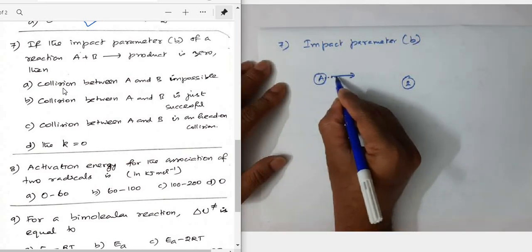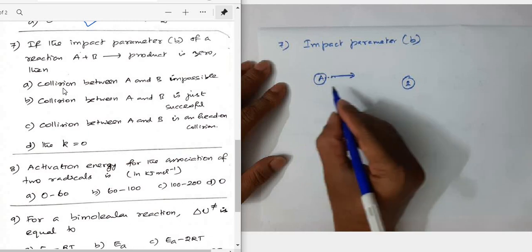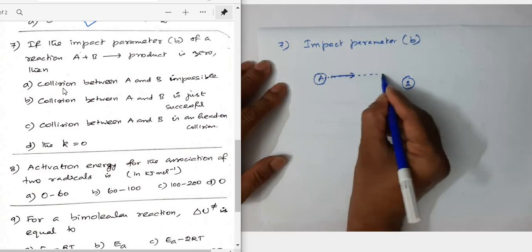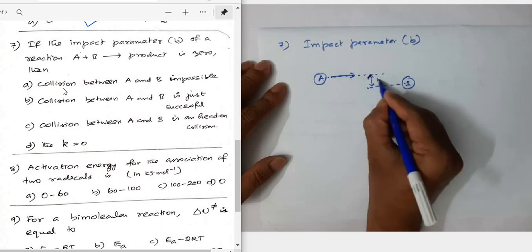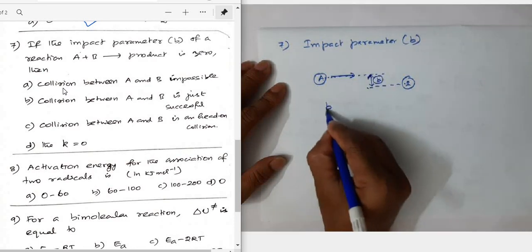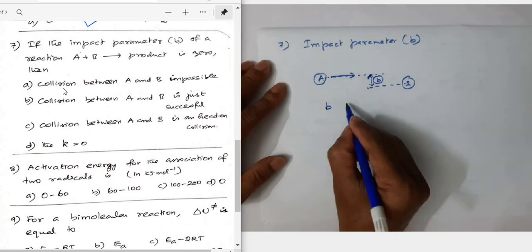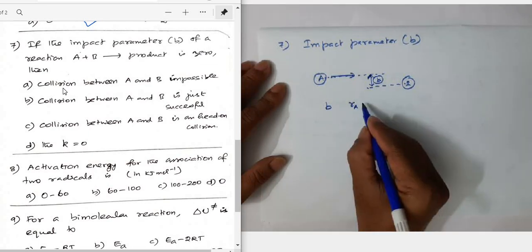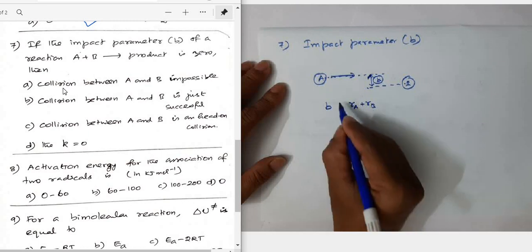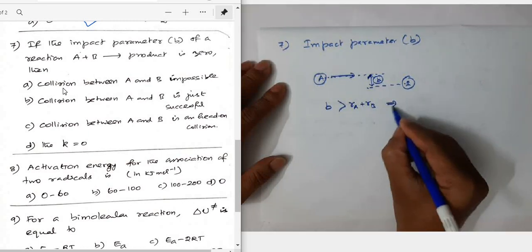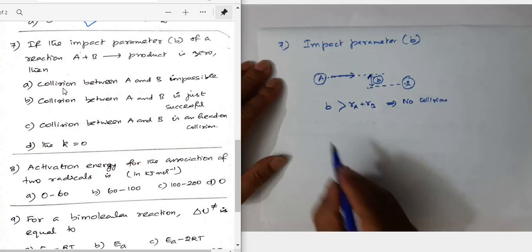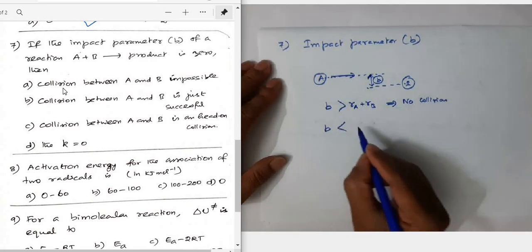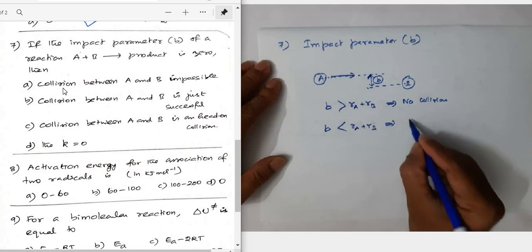You take the center of this and the center of this, and this gap is what we call the impact parameter b. If impact parameter b is greater than the radius of molecule A plus the radius of molecule B, then no collision is possible. If impact parameter is less than RA plus RB, then collision occurs.